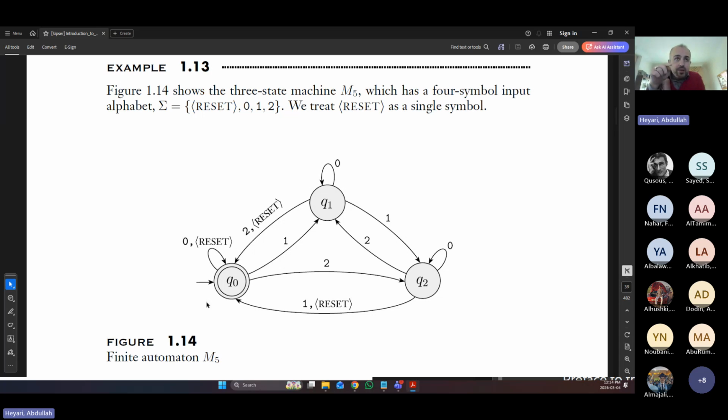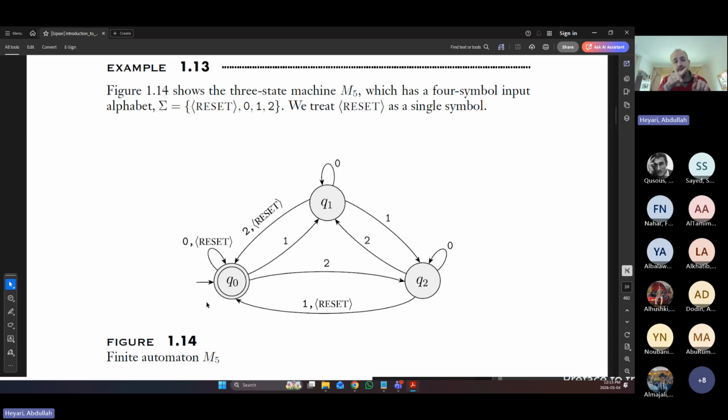I can read reset and would also remain at Q0. But the point is that you maintain, either on paper or in your mind, a sum. It's like a counter which keeps adding the values you read.